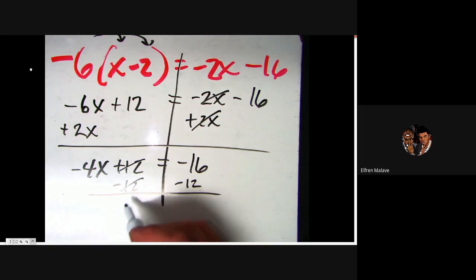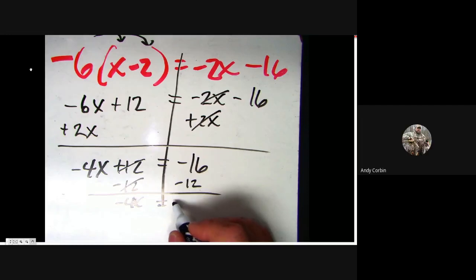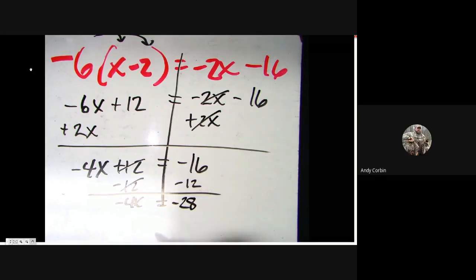What do I bring down? And then that gives you negative 4x equals, and then that gives you negative 28. Good. Okay, then what?